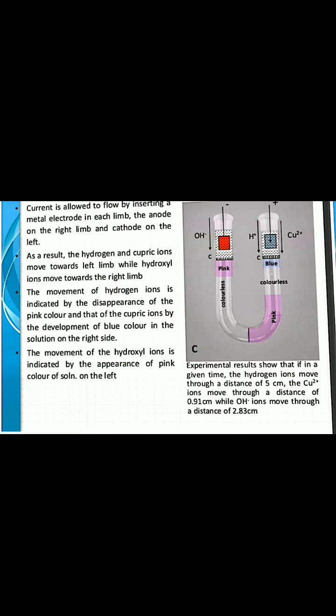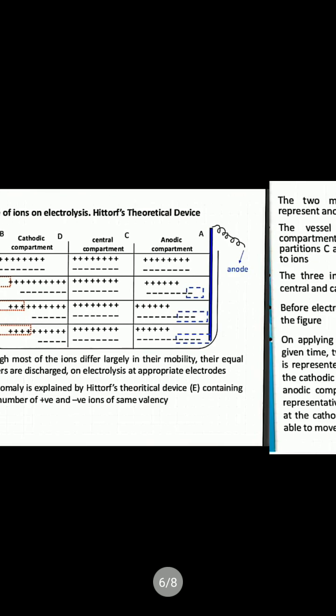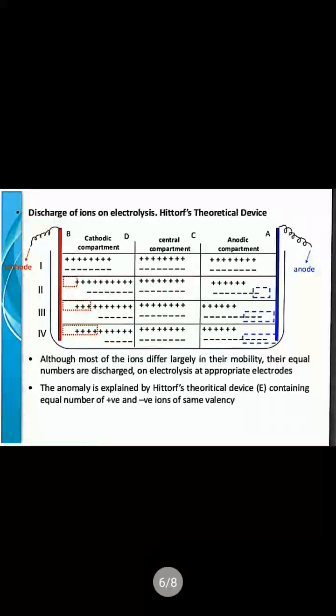Now, to demonstrate this and to show the discharge of ions of electrolyte, Hittorf proposed a theoretical device, which is known as Hittorf's theoretical device. See, this is the figure of Hittorf's theoretical device.